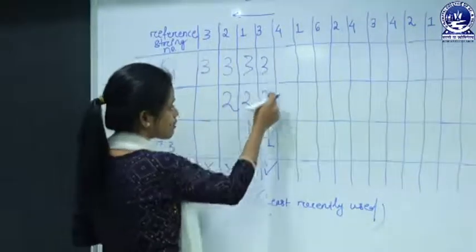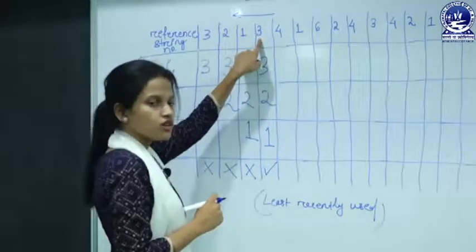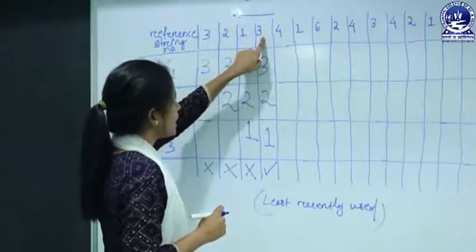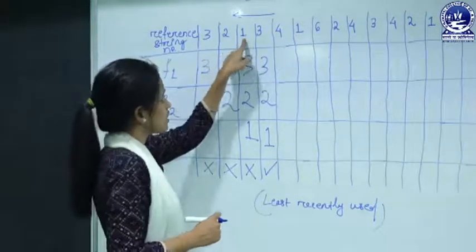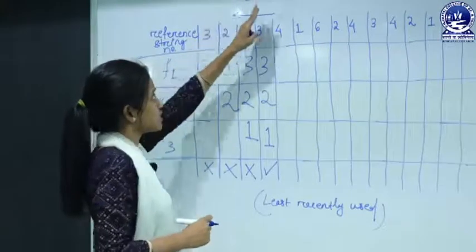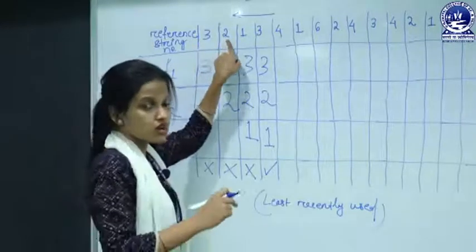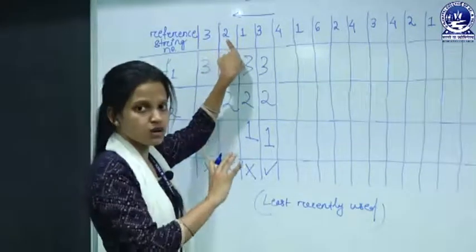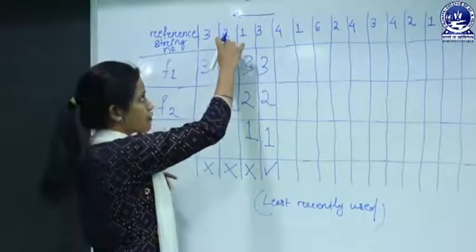Among 3, 2, 1, 3 is recently used, and 1 is used after 3, and 2 is at the leftmost corner. 2 has not been used for the longest amount of time. 2 was used in this frame only.